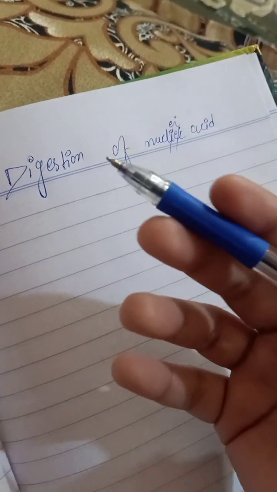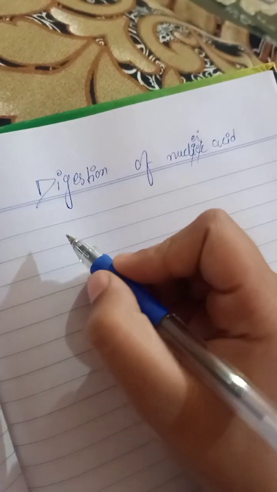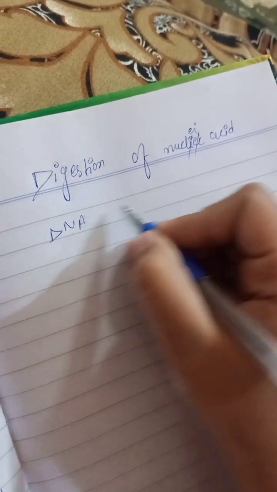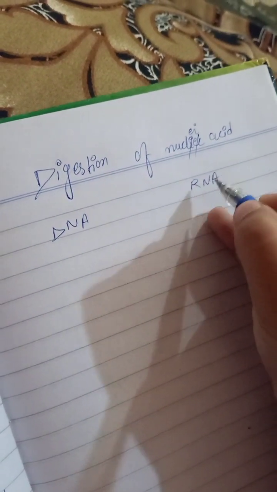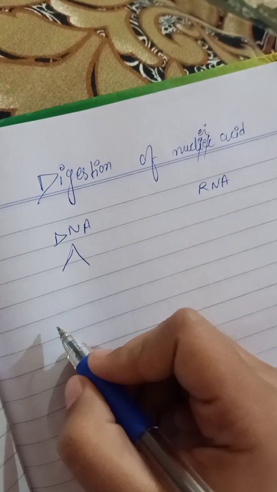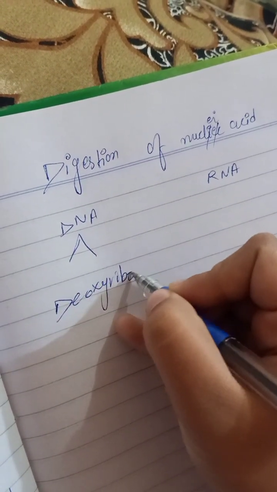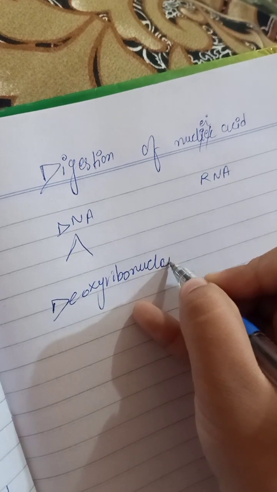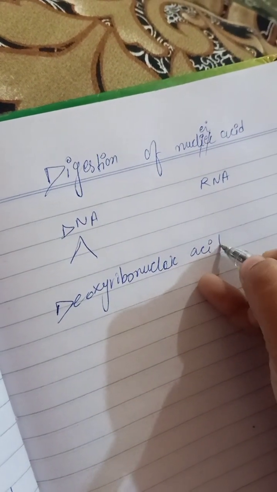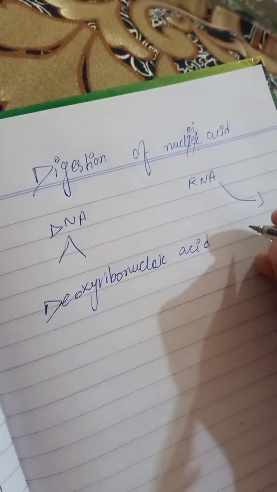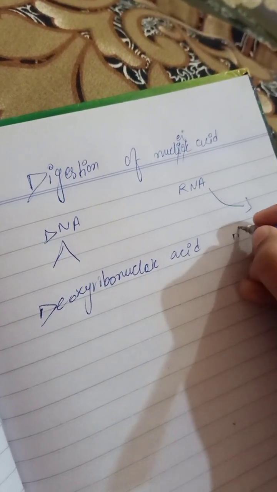Nucleic acid will be in the form of DNA or RNA. If it is DNA, we say it is deoxyribonucleic acid. If it is RNA, we say it is ribonucleic acid.